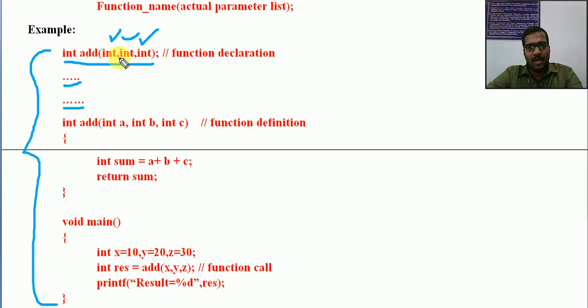If you add some variable names also, that is not an issue, but normally the basic requirement is that in the function declaration, we require each parameter type. If I am using add, the first parameter must be an integer, that is the indication. Second parameter must be an integer. Third parameter must also be an integer. I can also write it like int comma int comma char. That is also possible. First I am expecting an integer, second an integer, third a character.